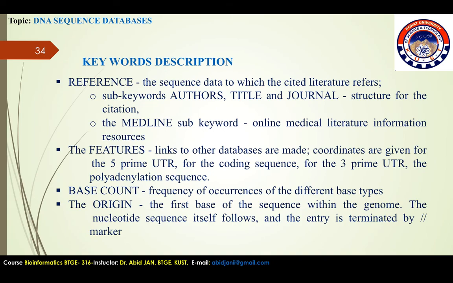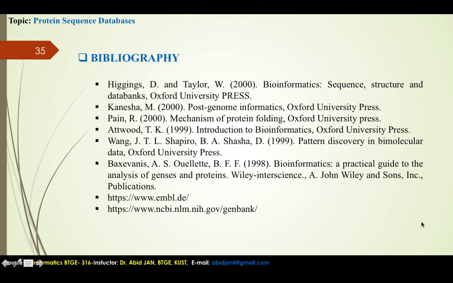The next keyword, the ORIGIN line, notes the location of the first base of the sequence within the genome. The nucleotide sequence itself follows and the entry is terminated by a marker, this symbol. This is the bibliography.